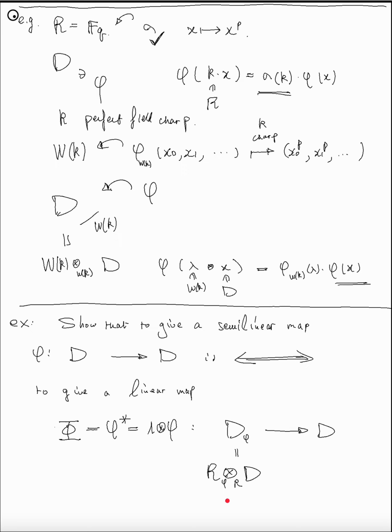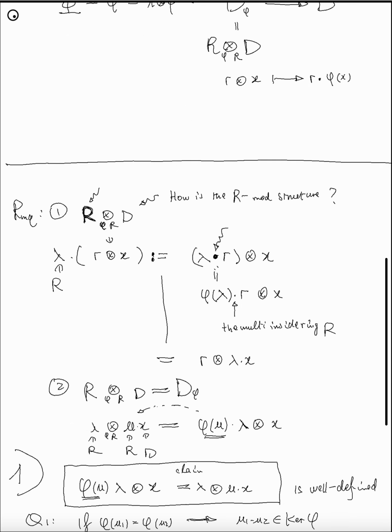So now let's describe this linear map. For an elementary tensor, let's say r tensor x, this is mapped, because it's a linear map, this is just R-linear, to r phi(x). This is how it is defined. This is the exercise I ask you to show: giving this is equivalent to giving the semi-linear map.